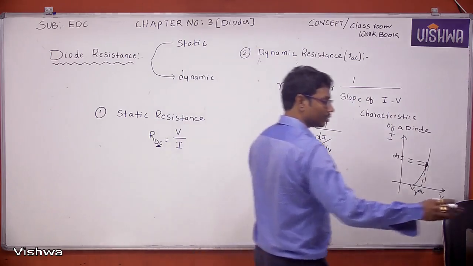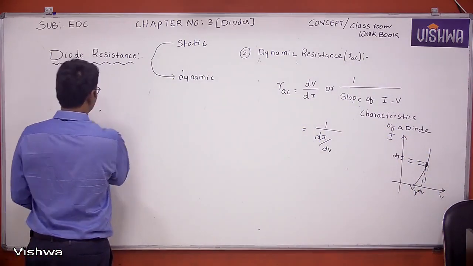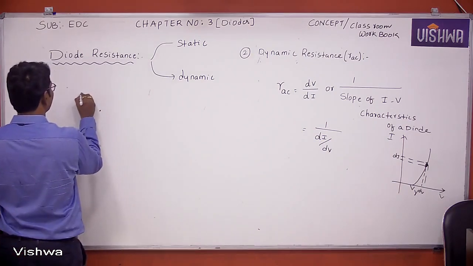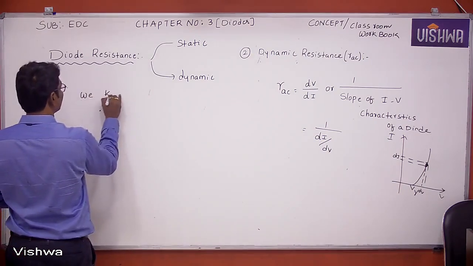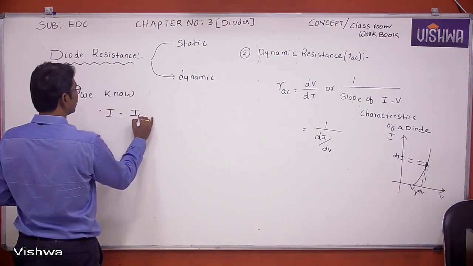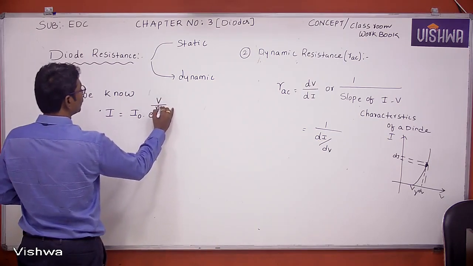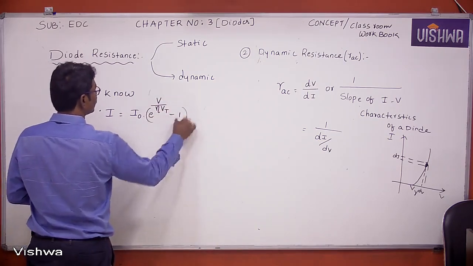For calculation of this slope, consider the diode current equation. We know the diode current equation: I equal to I naught into e power v by eta into vt minus 1.